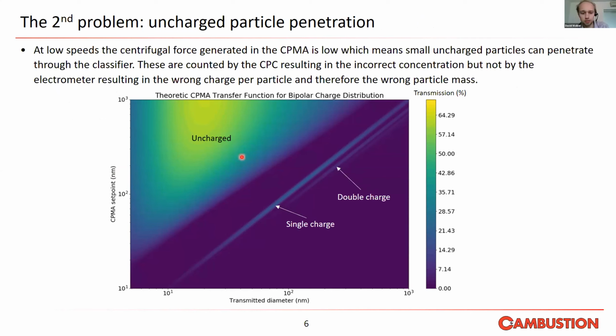If they're very light, you'll see these are small particles, because the centrifugal force is very low on those, and they're particularly significant at the highest size set points where the centrifugal force is quite low.